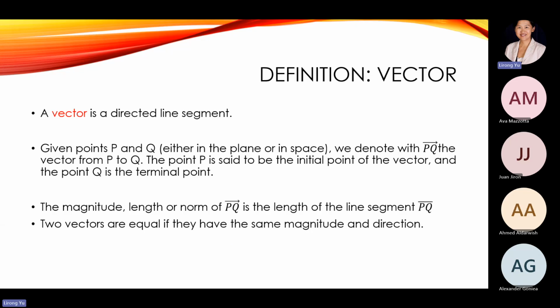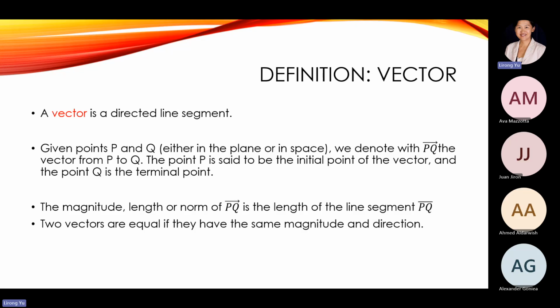So after determining the initial point and terminal point, now at least we have a direction. So vector PQ and vector QP are 2 different vectors, or opposite vectors. Once you identify the vector, sometimes we use small letters to say vector v. The direction is not as clear about initial point and terminal point, but it makes it short. So use one single letter to represent the vector, and then you probably have to provide more information as you are writing it out.